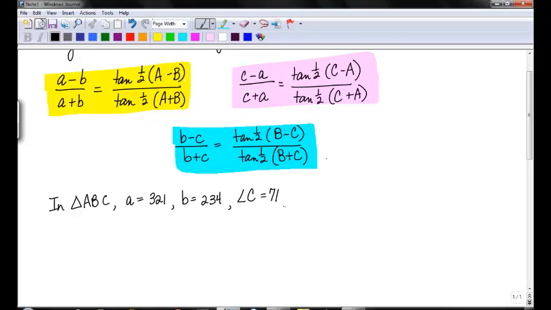Find angle A and angle B and side C to the nearest tenth. And of course we're going to use the law of tangents.